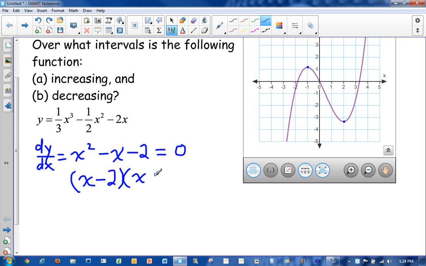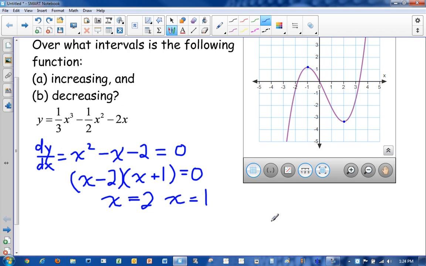So it factors into x minus 2 times x plus 1 equals 0. And so the points where the derivative is 0, meaning that the tangent line would have a slope of 0, are x equals 2 and x equals -1. And you can see that it's increasing before you get to x equals -1. It is decreasing between -1 and 2, and then it increases after 2.